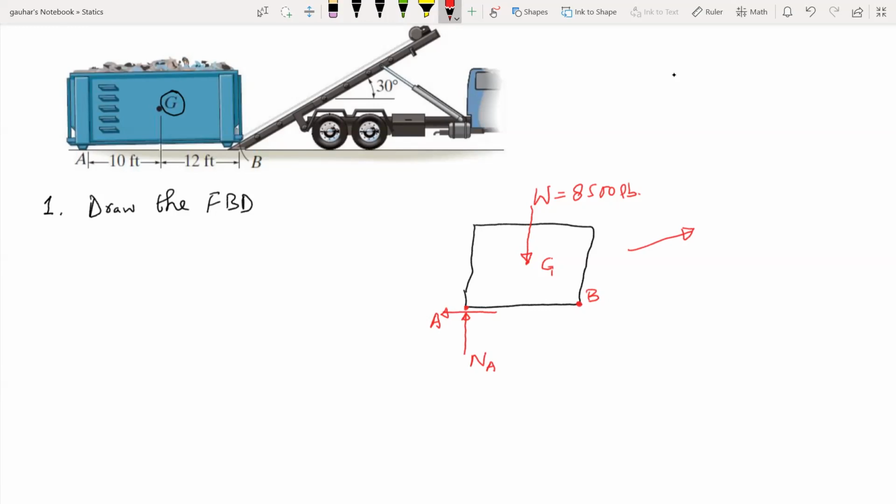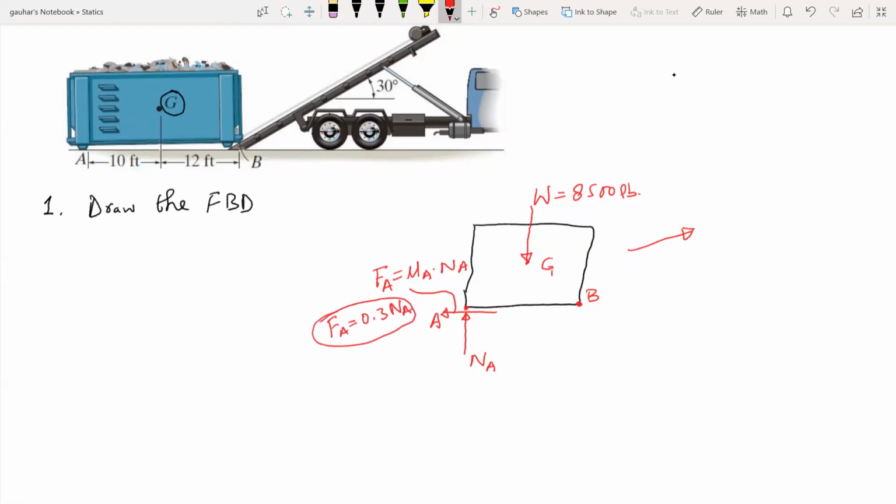The direction of motion is the positive x direction, so this is the direction of F sub A, the friction force at point A. And this equals mu A times N A, so F A equals 0.3, the coefficient of friction at point A, times N sub A.